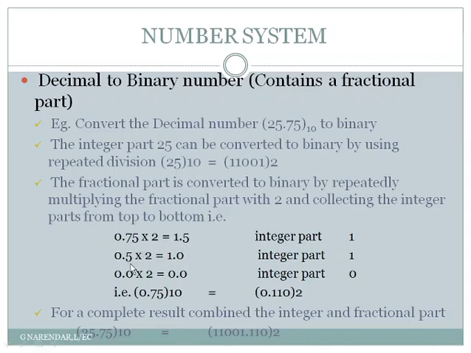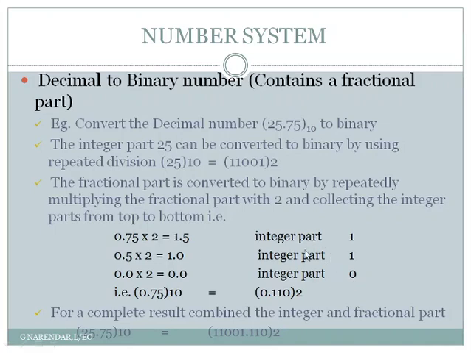This 0.5 is multiplied again with 2, and the result is 1.0. Here also you separate the integer part and write it separately as 1, and after removing this integer part what remains is 0.0. Then 0.0 is multiplied again with 2, and this time we get 0.0. So the integer part is 0, which we separate.